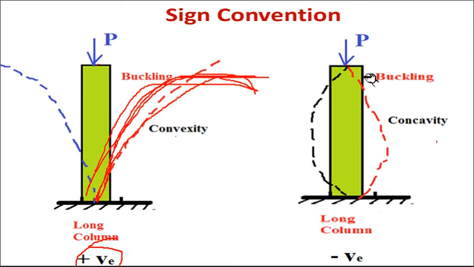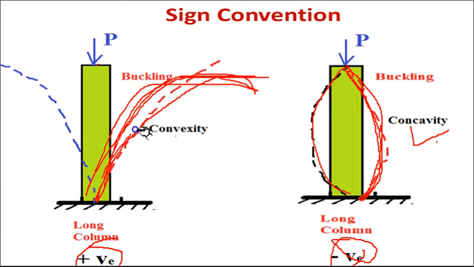Sometimes, if a long column buckles, the buckling may be like this, and this shape is called the concave shape. Whenever there is a concave shape buckling, that is considered negative. Whenever there is a convex shape buckling, that should be considered positive.